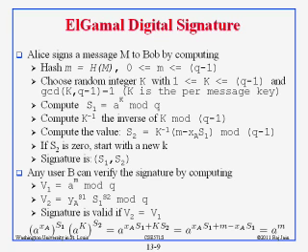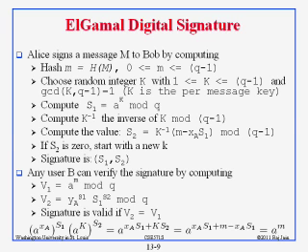And you calculate V2, which is equal to YA, your public key, raised to S1, times S1 raised to S2, mod Q. Now there is a slight confusion, and I just want to make sure you understood that there are two mods here. Sometimes we say mod q, sometimes we say mod q minus 1. So you have to be careful which line you are on. Here we are mod q. If V1 is equal to V2, then the signature is valid.